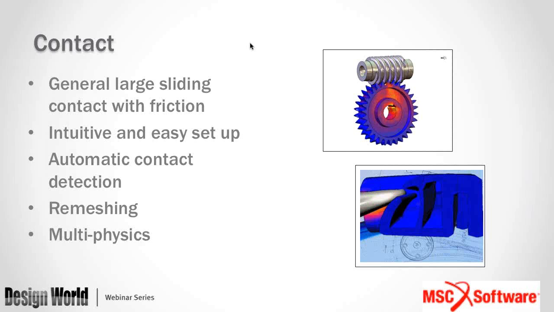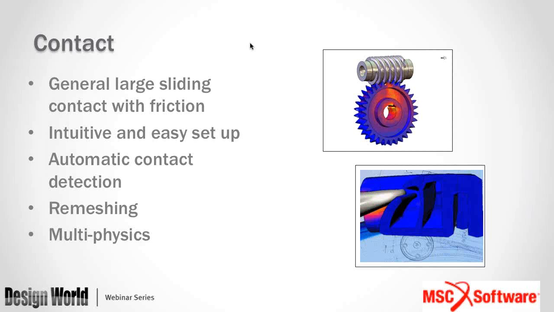This not only helps you provide better input loads, but also obtain better results. But the problem is often you don't know where and how these different components come into contact and how long they stay in contact. And at MSC, we have invested in enhancing contact analysis on two fronts.